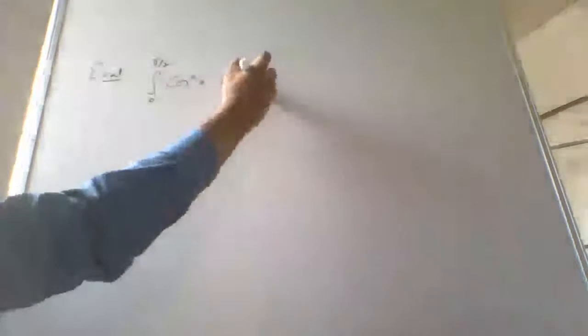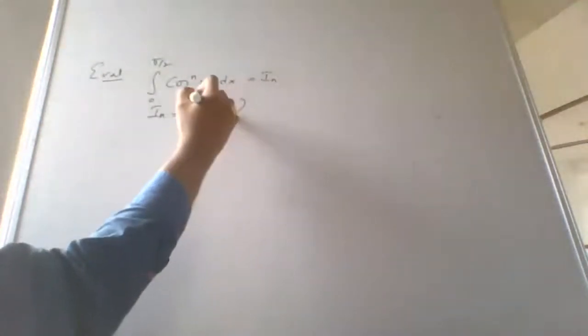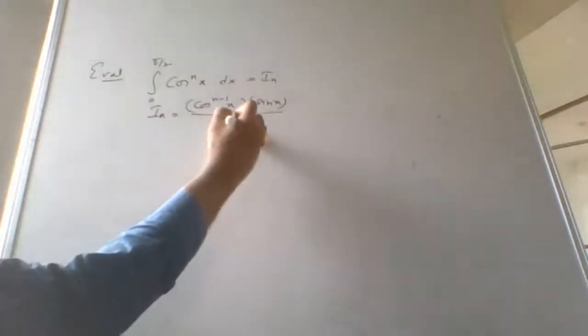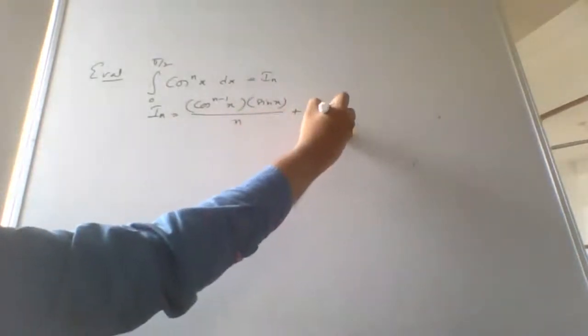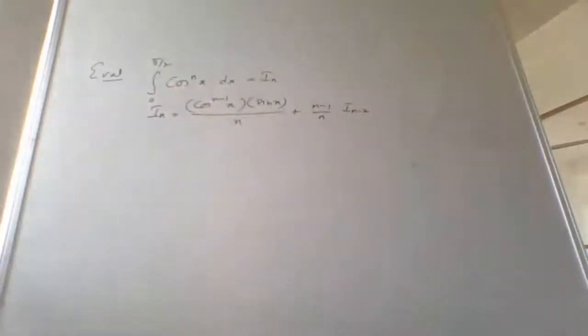Now consider this as I n. The previous result we got, let us write down: I n as cos to the power of n minus 1 x into sin x divided by n, plus n minus 1 by n times I n minus 2.